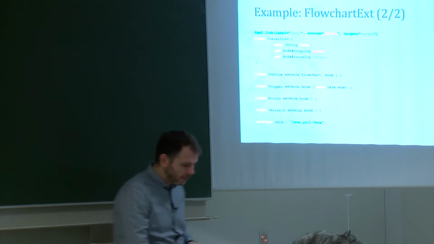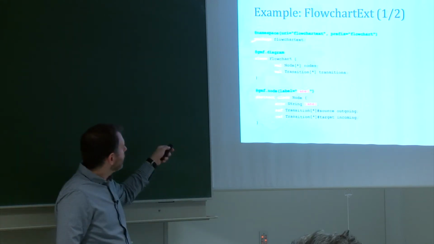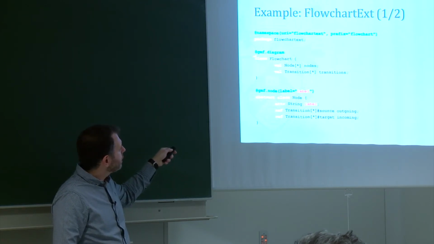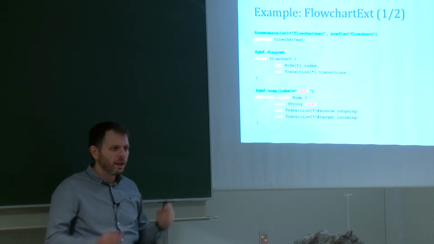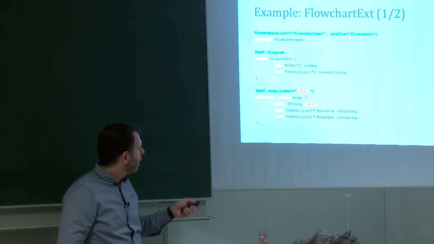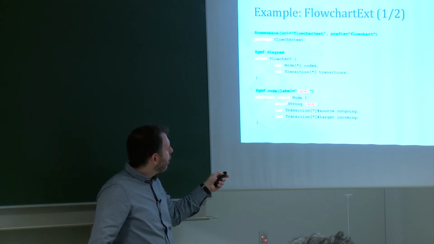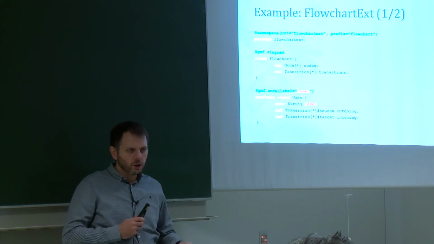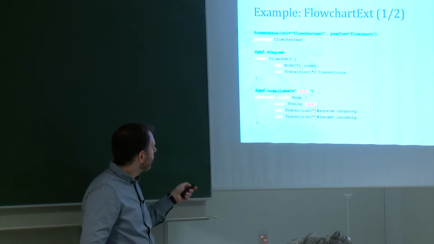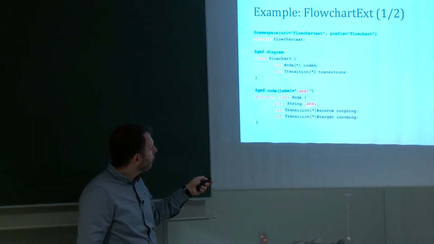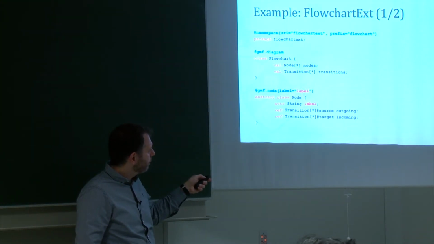OK, so what we are adding with Eugenia is just these blue lines, right? So first of all, we annotate the flowchart class using this gmf.diagram annotation, and that marks that class as the container of everything in our model. Then we specify that nodes, that instances of the node class, will actually be visualized as nodes in our graphical editor. And they will have a label which will reflect the value of their label property here.